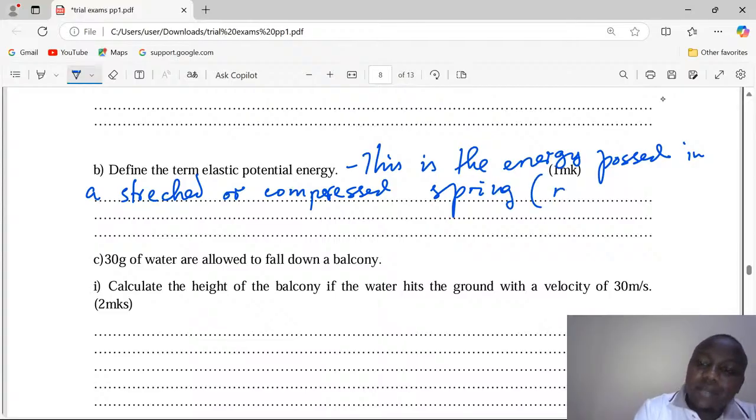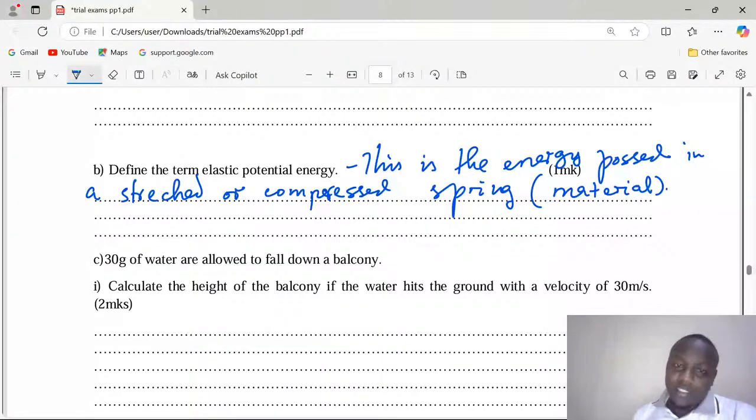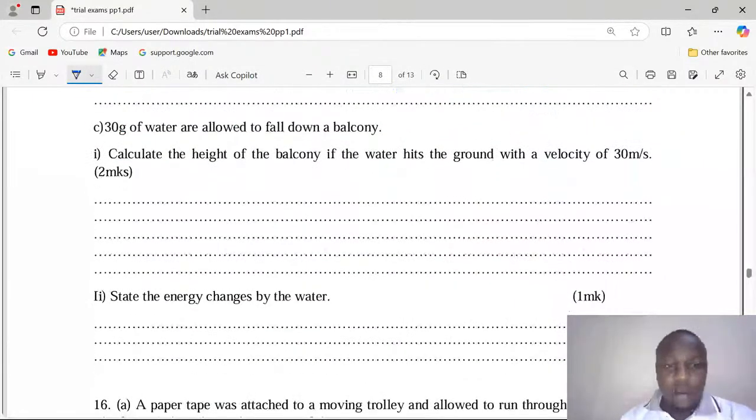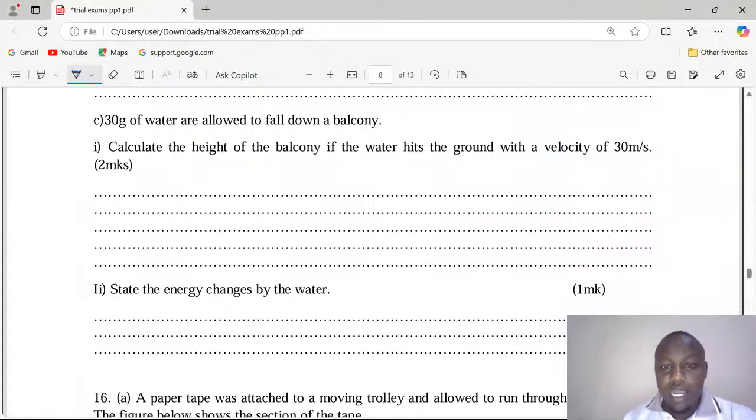It can be any other elastic material. Once it is stretched, it is the work done on it. In other words, this is the work done in stretching or compressing materials. Next question: 30 grams of water are allowed to fall down a balcony.